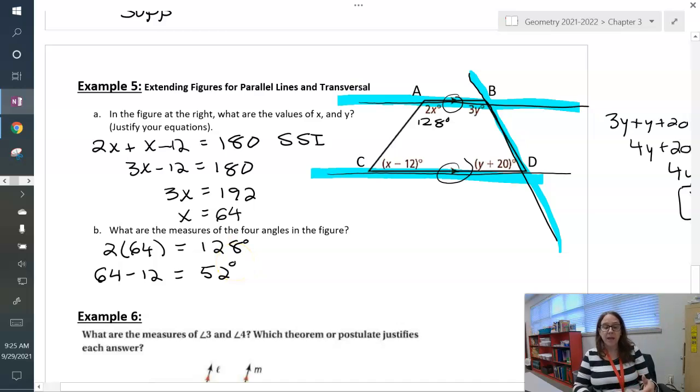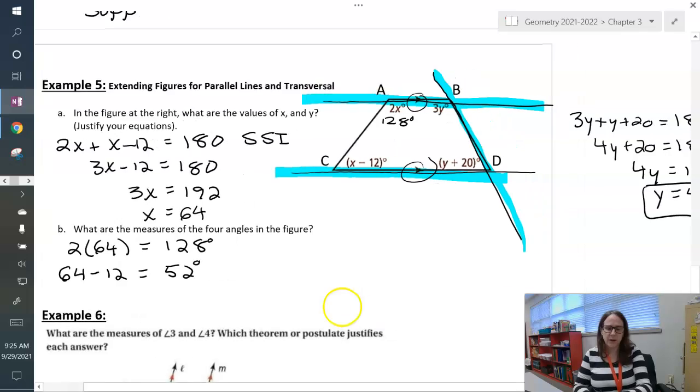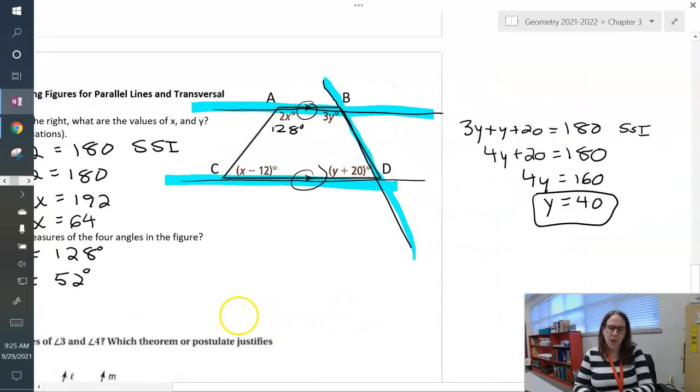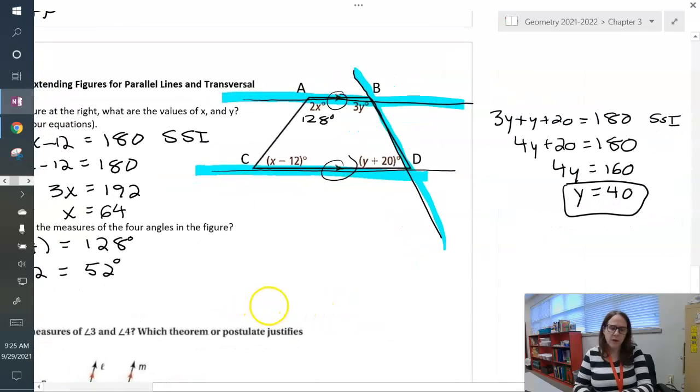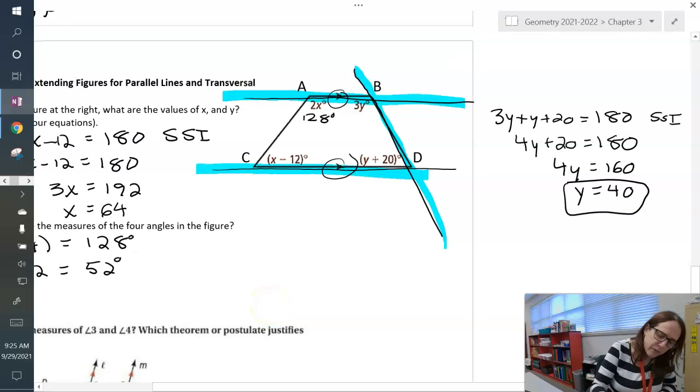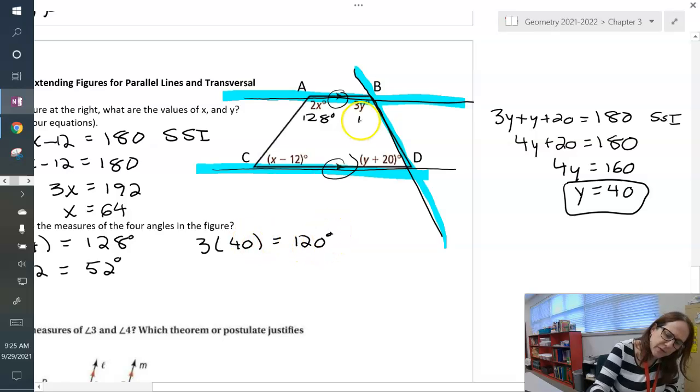Quick check. Make sure your angles add up to 180. If they don't, you probably have a mistake and need to go back and fix it. And that's how I noticed that I had a problem. Now let's go and do the y angles. We have 3 times y. That's 120 degrees.